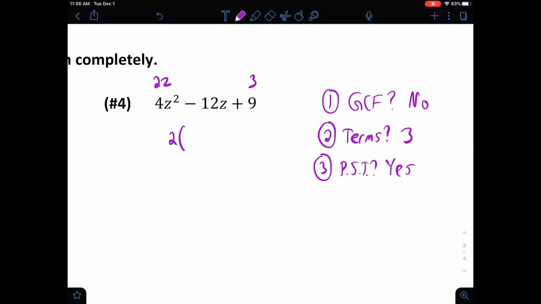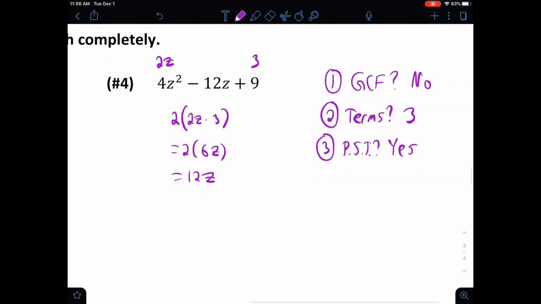So we're going to do 2 times the 2 square roots. 2 times 2z times 3, which equals 2 times 6z, which equals 12z. So is that the middle term? Does that work out? It does. This is a shortcut. This is a negative here, so we don't even need the smiley face.